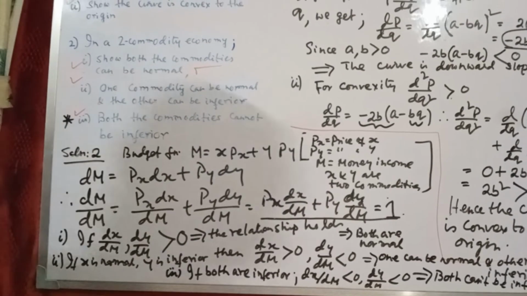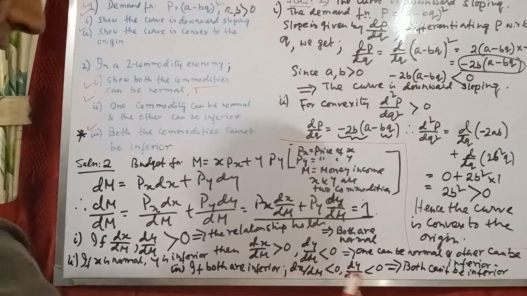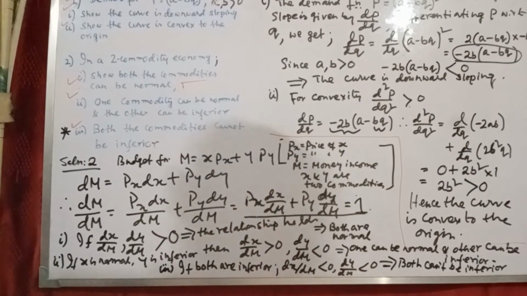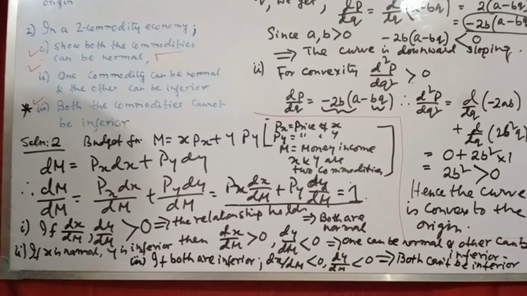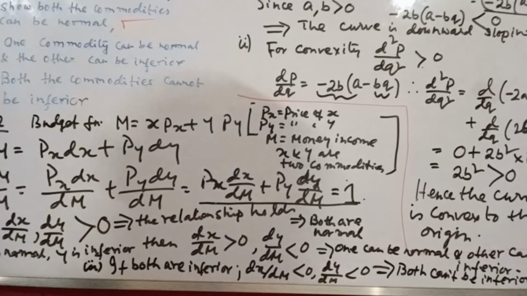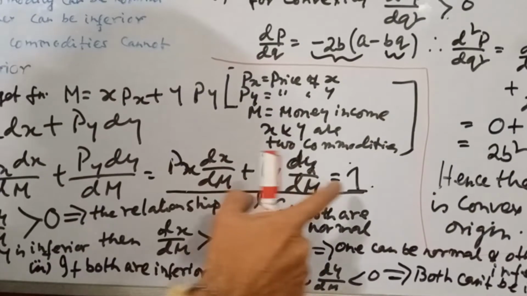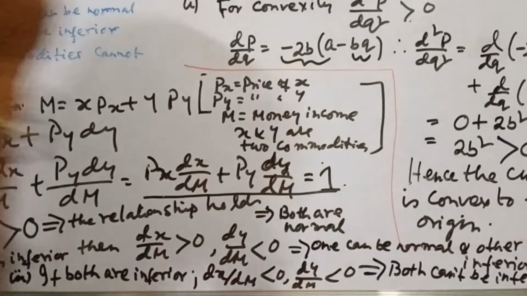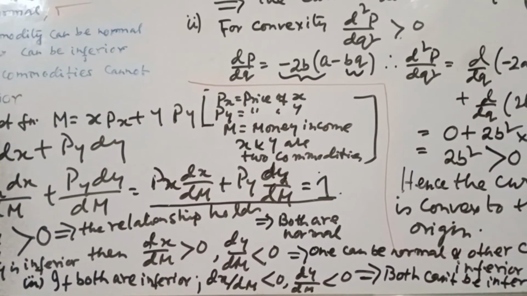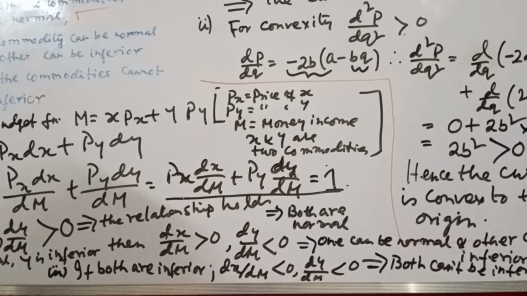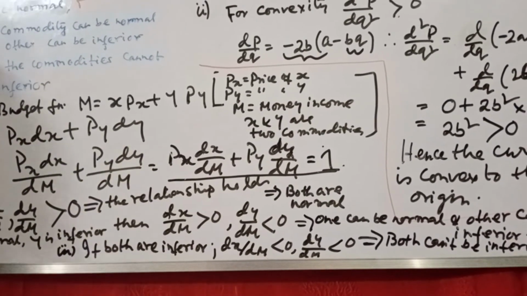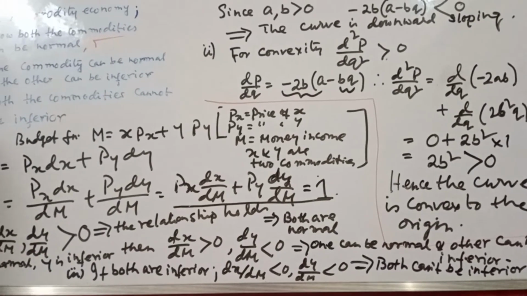If dx/dm is less than 0 and dy/dm is less than 0, px and py are certainly greater than 0. In that case, this equation cannot hold good. So both the commodities cannot be inferior in a two commodity world. Correct?